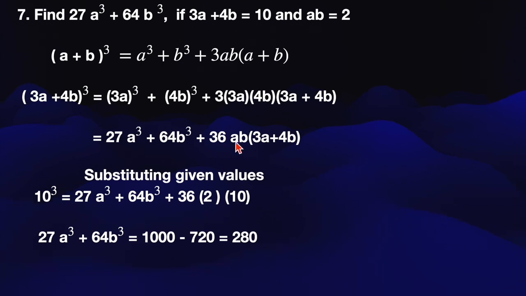This becomes 27a cube plus 64b cube plus 36ab into 3a plus 4b. Now substitute all these values. So here it is 10 cube. This we have to find out. Here ab we know is 2, it's given. 3a plus 4b is 10. Now solve it, you'll get the answer.